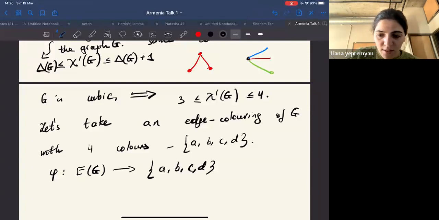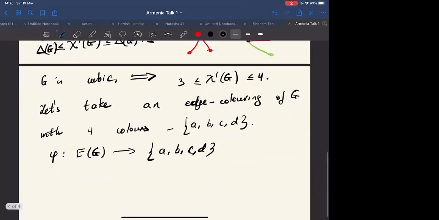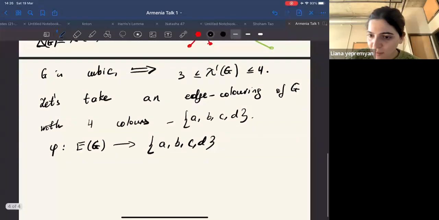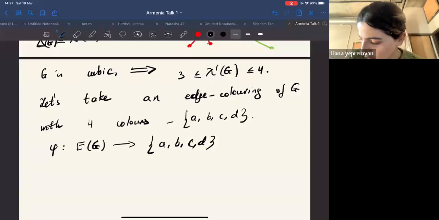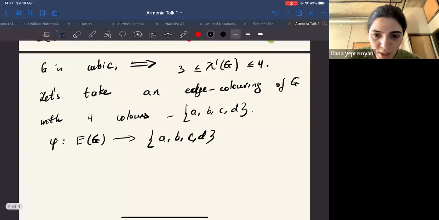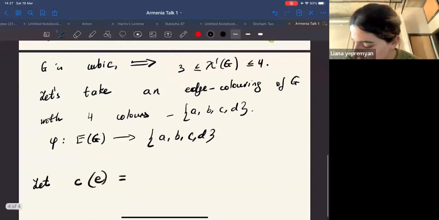Now, given this coloring, I'm gonna use it as an auxiliary coloring, and then I'm gonna color my graph. So let me recolor the graph as follows. Let me call it C. C of E for every edge be as follows.